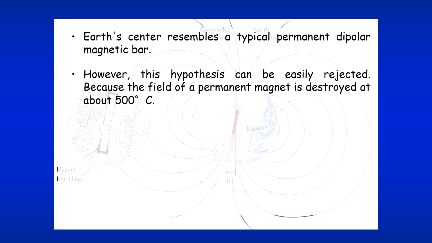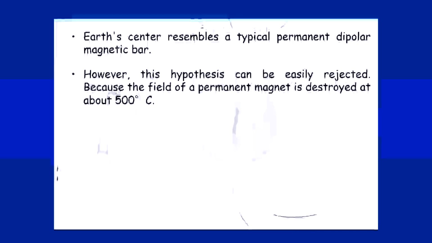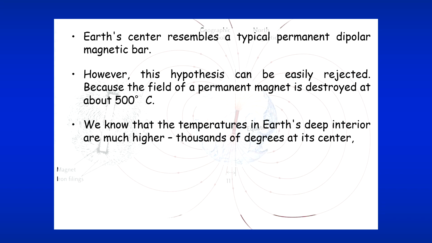And if you recall, the temperature increases as you move towards the interior of Earth, and it goes to more than 5000 degrees centigrade. So even at 500 degrees centigrade, it will be destroyed. We know that the temperature in the Earth's deep interior is much higher, thousands of degrees at the center.